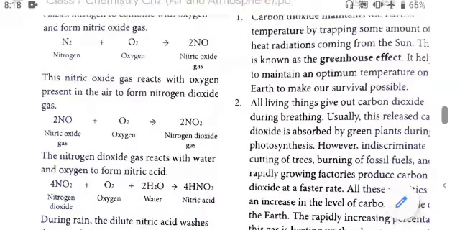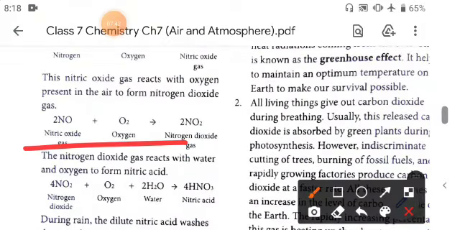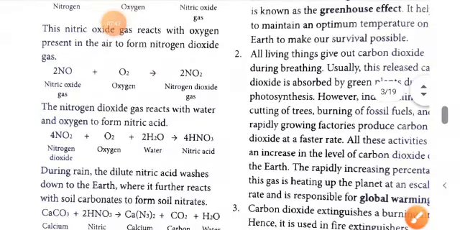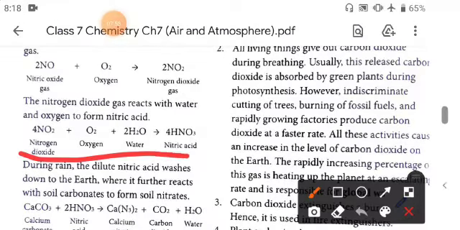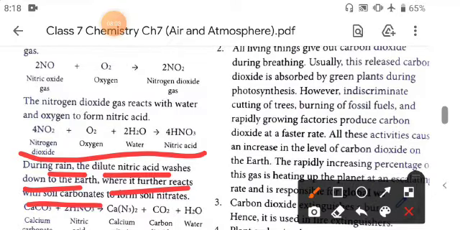Now this nitric oxide further reacts with oxygen to form nitrogen dioxide, and the nitrogen dioxide gas, after reaction with oxygen and water, will form nitric acid. During rain the dilute nitric acid washes down to the earth, where it further reacts with the carbonates to form soil nitrates.